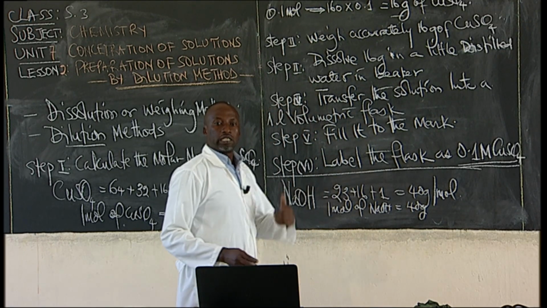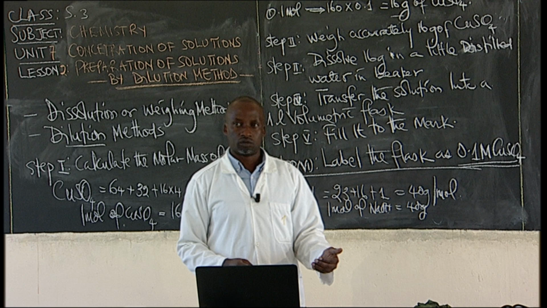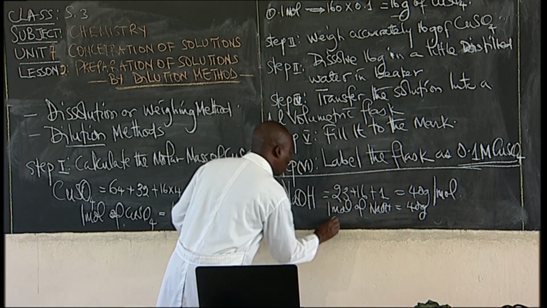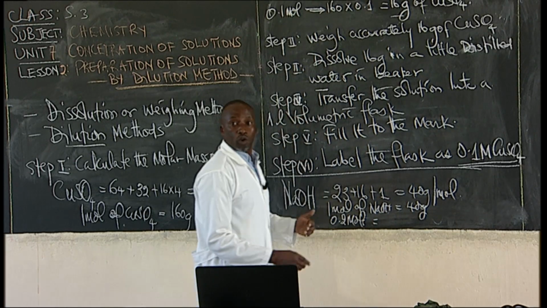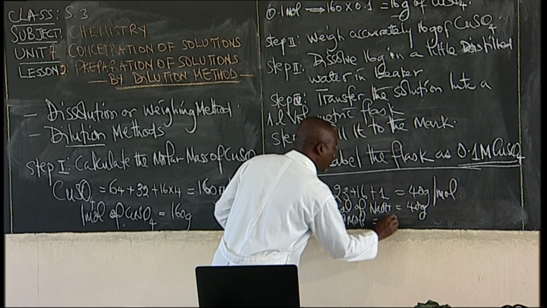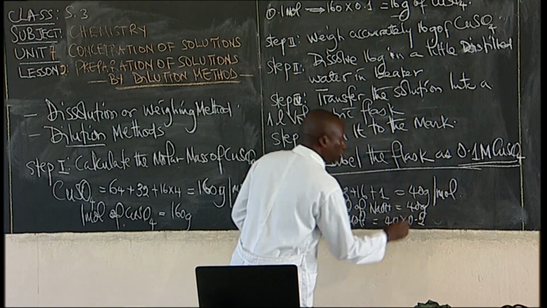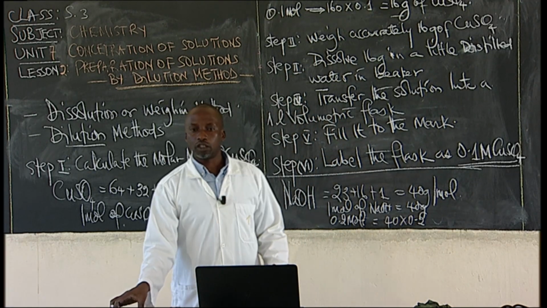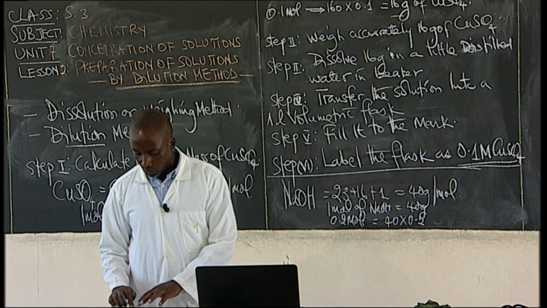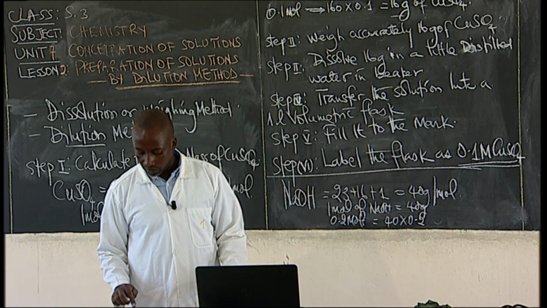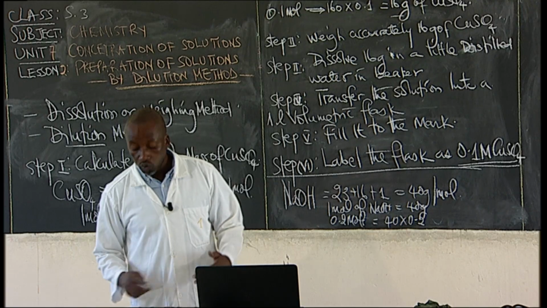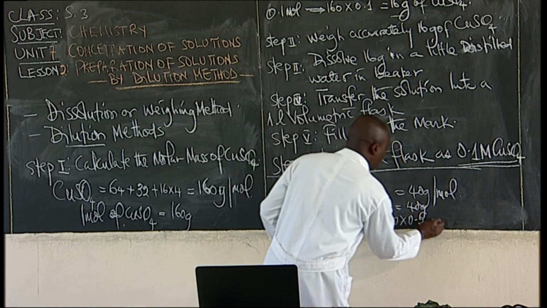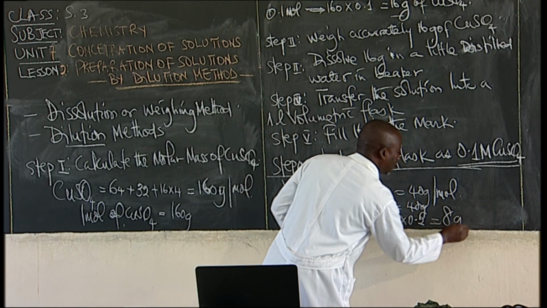You need 0.2 moles, which will be 40 times 0.2. If you calculate 40 times 0.2, you get 8 grams.